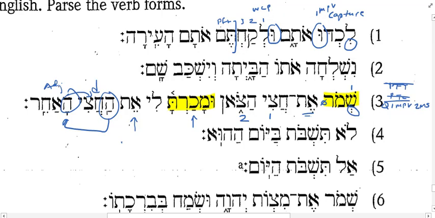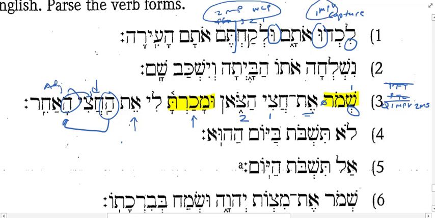Capture them, and lakach is to take. And so this is qal WCP 2MP. So it's capture them and take them, or capture them and you shall take them, ha'ira, to the city. Okay? So this is a qal WCP 2MP. Okay? Is that clear?